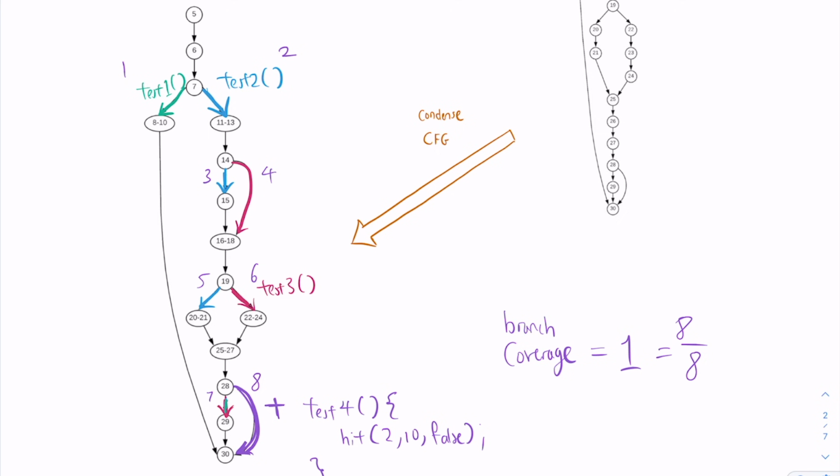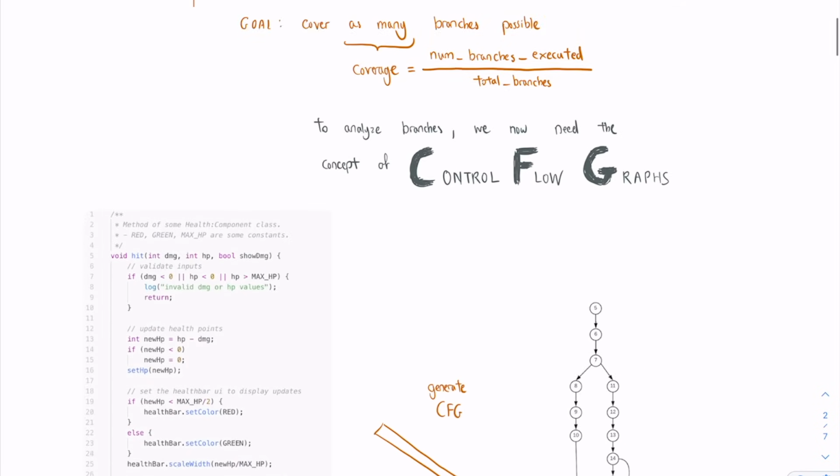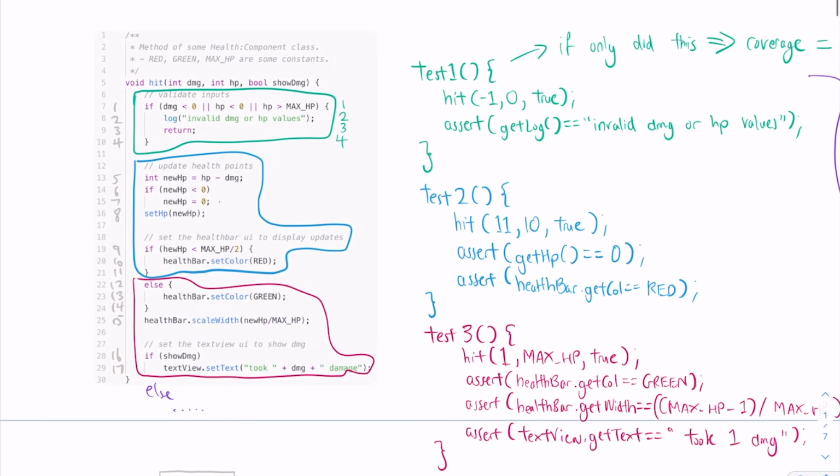So if, for example, we only covered, like in the case of only using the statement coverage tests, that means test 1, test 2, and test 3.